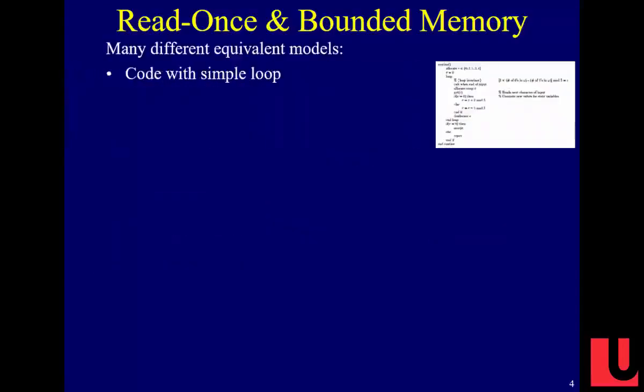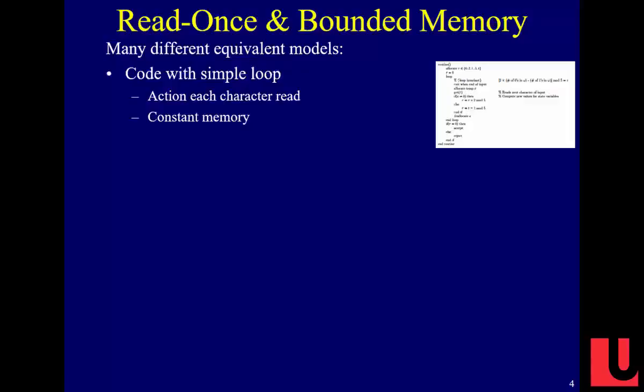So there are different ways we're going to view this same object, this DFA. We can think about it as a code with a simple loop. Each iteration, you're going to read in the next character. You can't read that code, but one of the lines is, get me the next character, right?